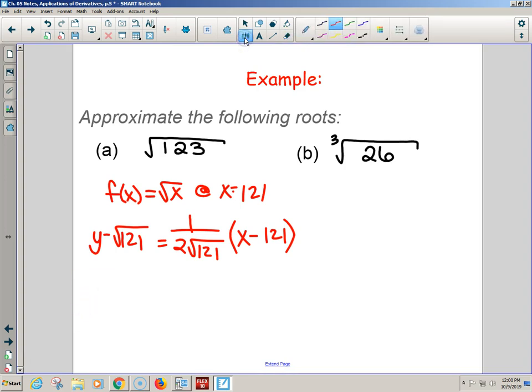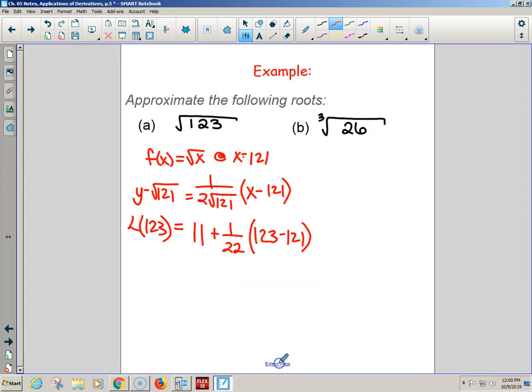You told me the wrong parameter. 1 over 1,062, minus 121.